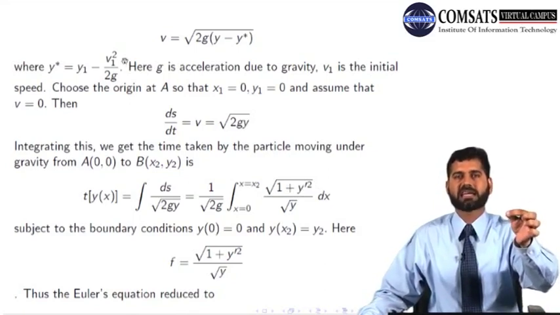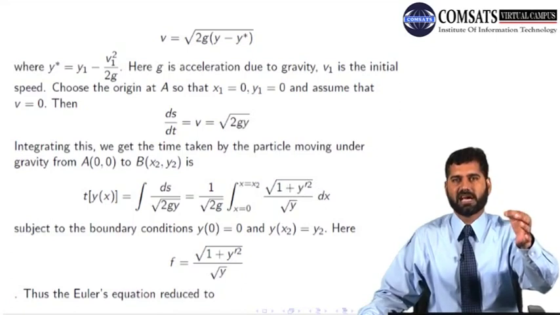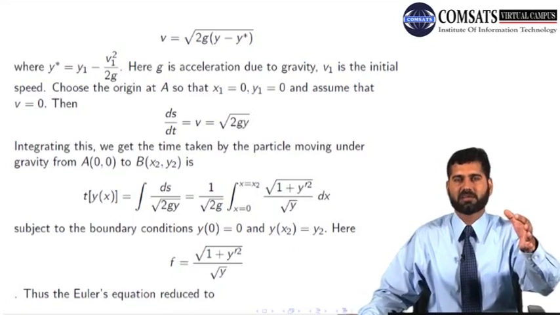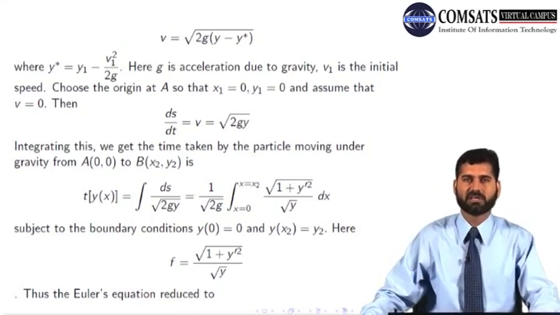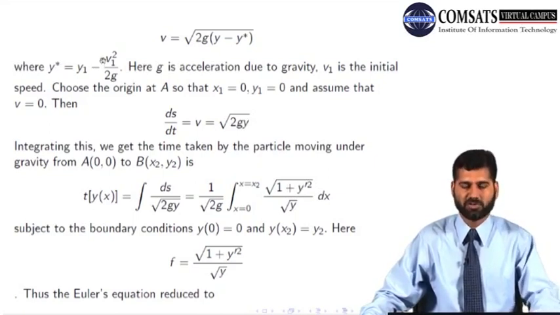It was standing at x1, y1, and it has to slide. All right, so we just left it at the point, and it started to move down the curve. All right, so it means initial velocity has to be equal to 0 as well. So this y star will become 0, so you will be left with just 2g and y.